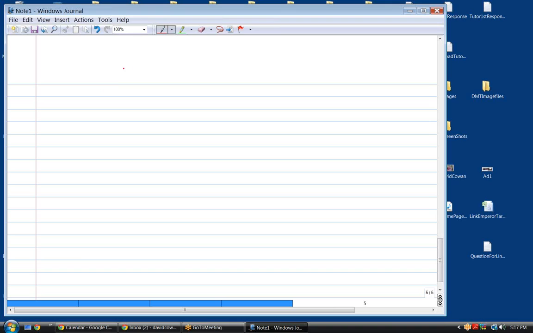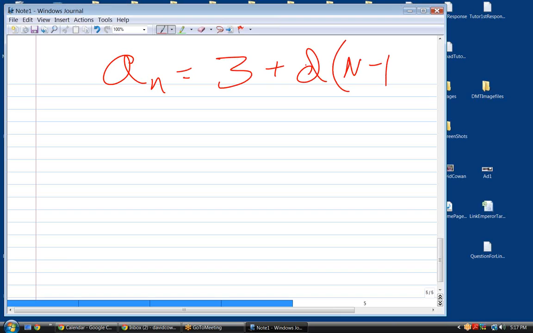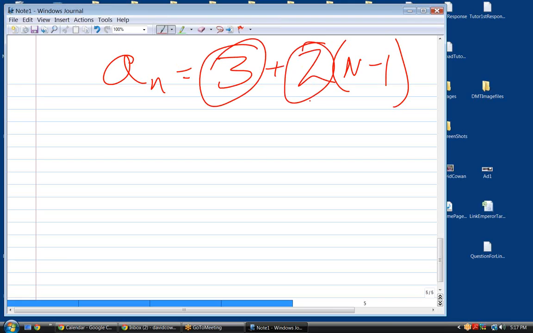Let me give you one. Okay, this is an arithmetic sequence where I've given you the first term and I've given you the common difference.